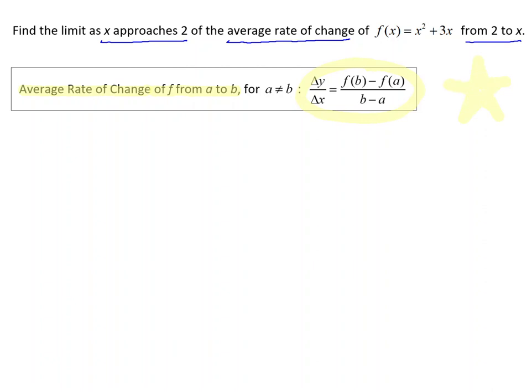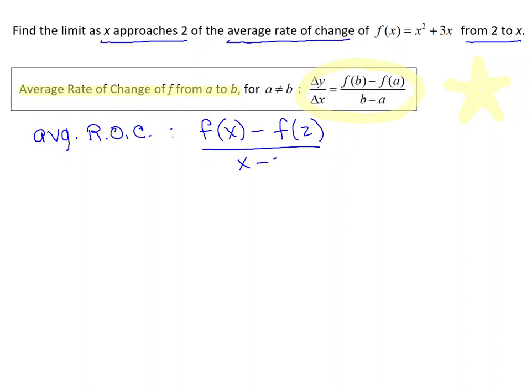Let's set up what that would look like for our function. So for our function, the average rate of change, I'm just going to abbreviate here, will be f of x minus f of 2 over x minus 2.